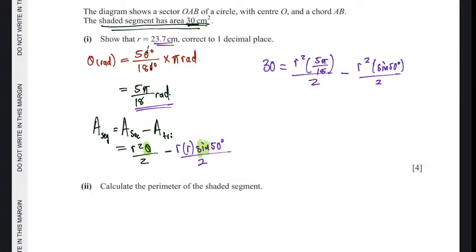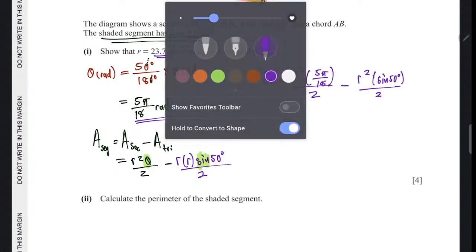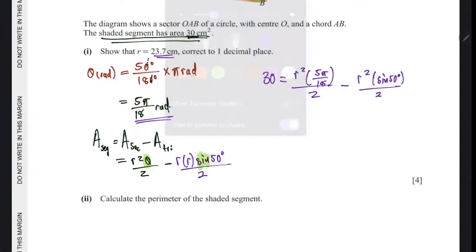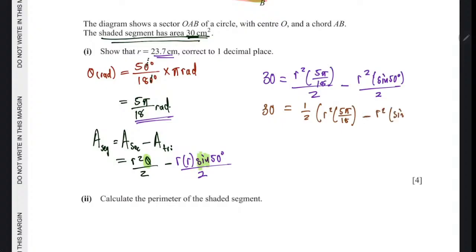Okay. So here's a trick. Since you have a 2 and a 2 on both of them, you can bring it out. So you can say 30 is equal to 1 over 2. The 2 is out. You now get R squared by 5 pi over 18 minus R squared by sine 50 degrees.